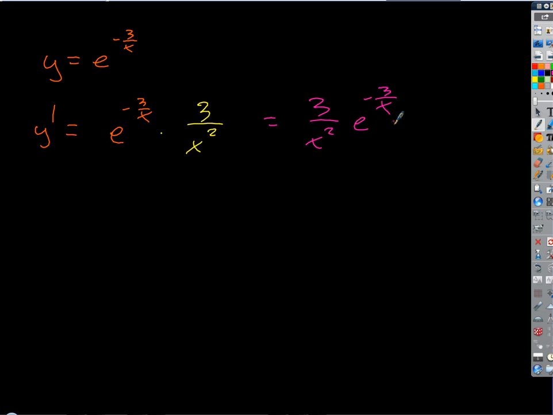Because we're taking this part and we're just writing that as negative 3x to the minus 1. Well, what's the derivative of negative 3x to the minus 1? You bring the minus down and then you subtract 1 from it, right? So positive 3x to the minus 2, right? Okay?